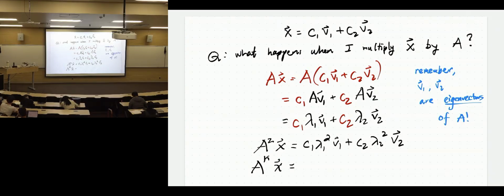It's still C1 something V1 plus C2 something V2. But what is that something? Charlie? Lambda k. Yeah, the lambdas get exponentiated to the k. This is the key here.